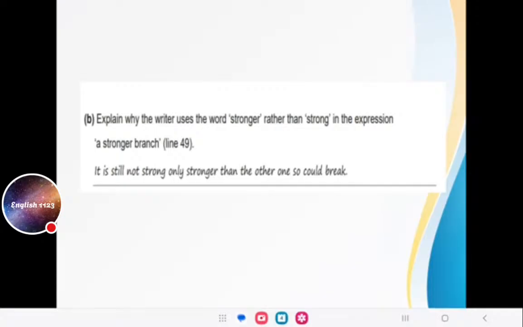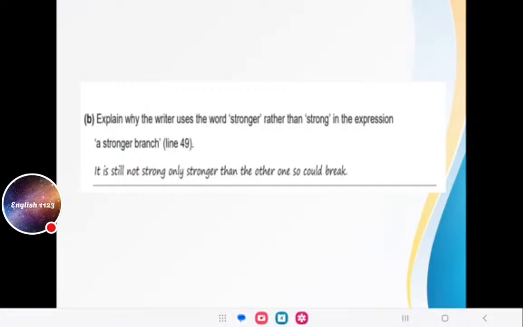Sometimes their meaning is also the same, but the writer chooses to use one word instead of the other. So why is the writer using the word stronger rather than strong? Answer is, it is still not strong, only stronger than the other one or the previous one, so it could break. So the writer is using the word stronger here. He is trying to give the impression that this is just stronger.